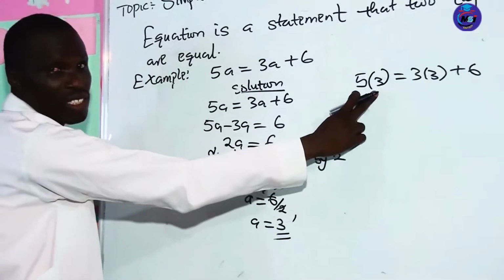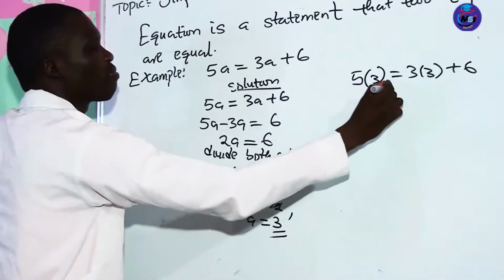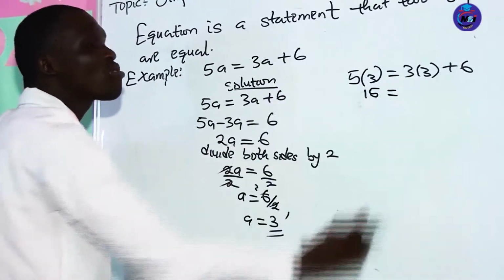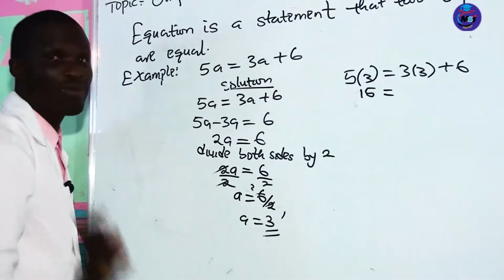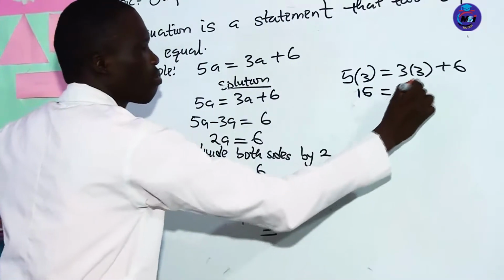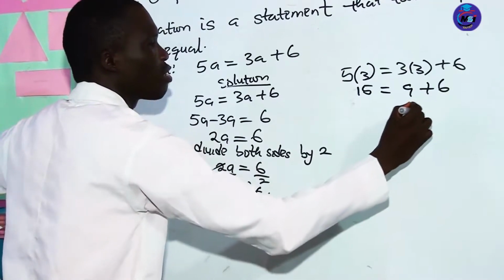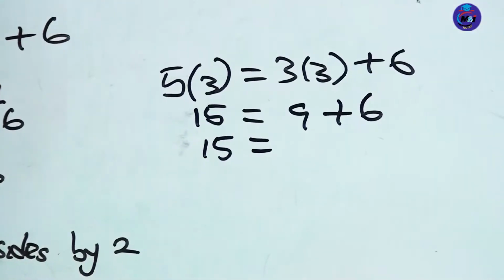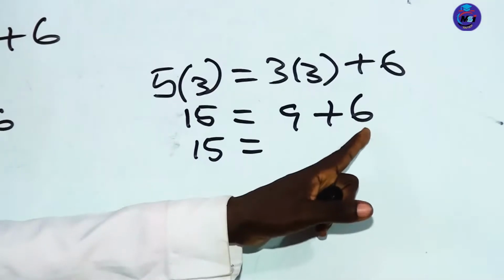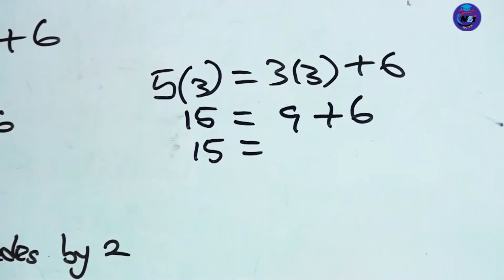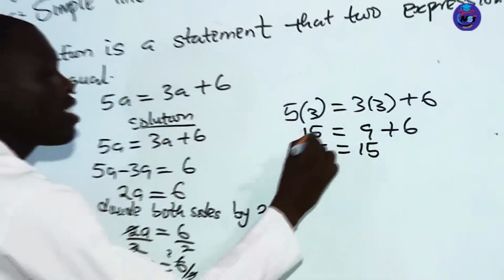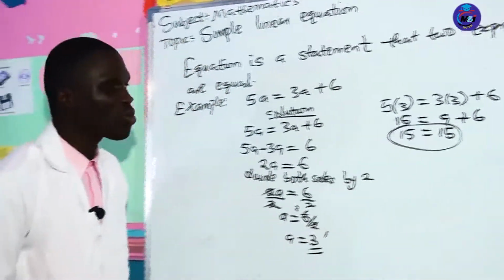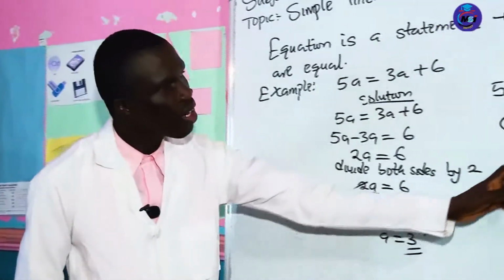Okay, 15, right? 3 times 3 will give us what? Okay, 9, right? You got it. Plus 6. 9 plus 6 will give us what? 15. That's good.